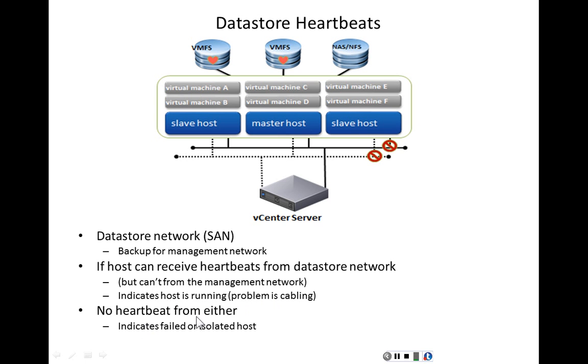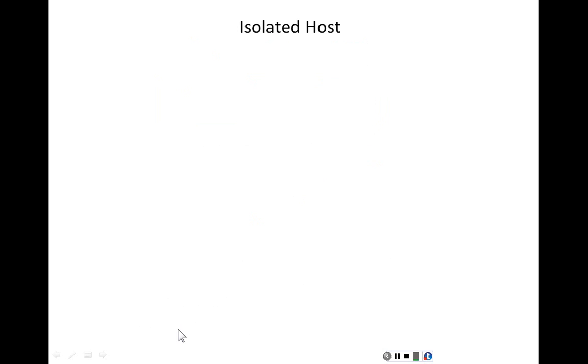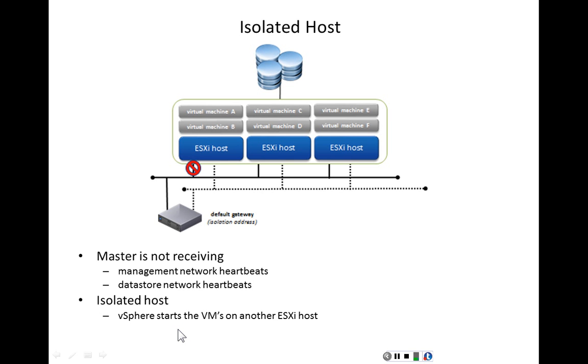Now, if it can't get a heartbeat from either, that means either it's a failed host or an isolated host. What's an isolated host? An isolated host is when the master does not receive management network heartbeats from the slave ESXi host, and it doesn't receive data store network heartbeats. So even if it's up and running, it can't be reached. This is called an isolated host.